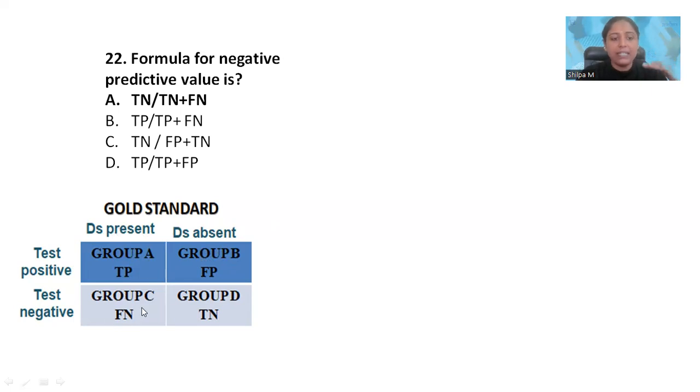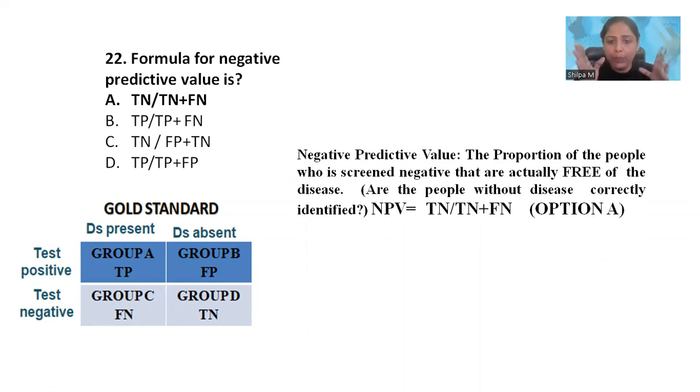Screening test negative and disease present, it's a false negative. Screening test negative and disease absent, it is a true negative. A, B, C, D. So you have to remember your formula based on this 2x2 table. The negative predictive value is the proportion of people who are screen negative who are actually free of disease. So your denominator is true negative plus false negative and your numerator is true negative. So true negative by true negative plus false negative, that is choice A.